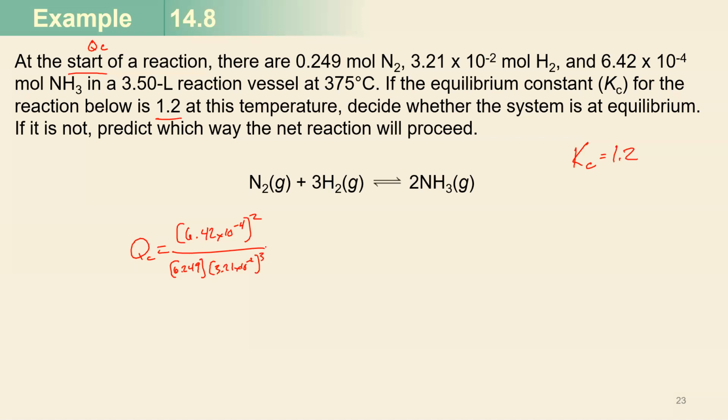Now, before we even do any math, I want you to just think about this. Our K is greater than 1, and so which side should it favor, reactants or products? It's not much greater than 1, but it is greater. Products. Yeah, so it should favor products.